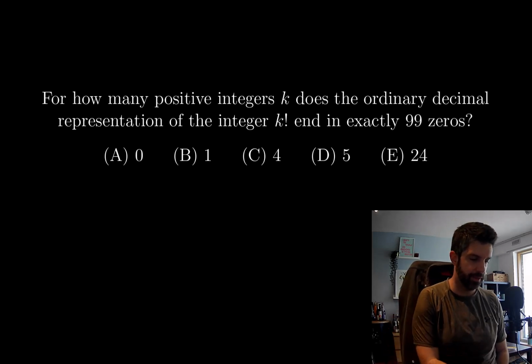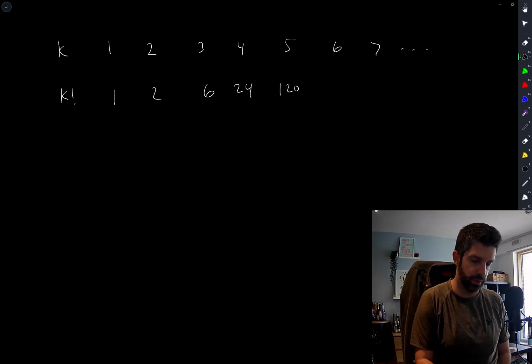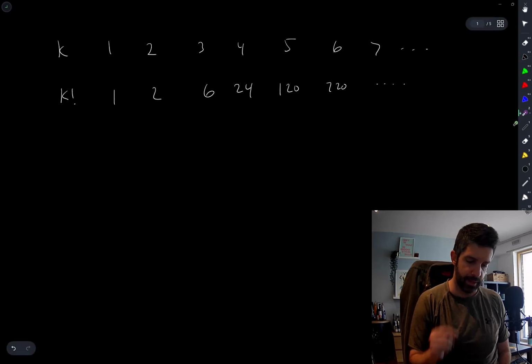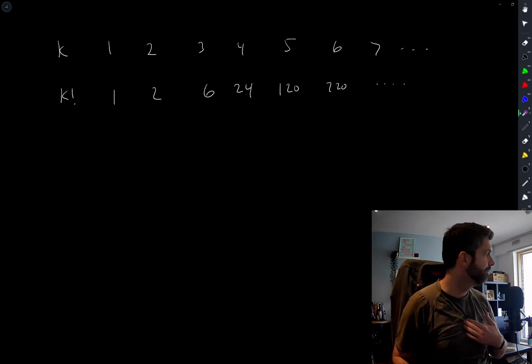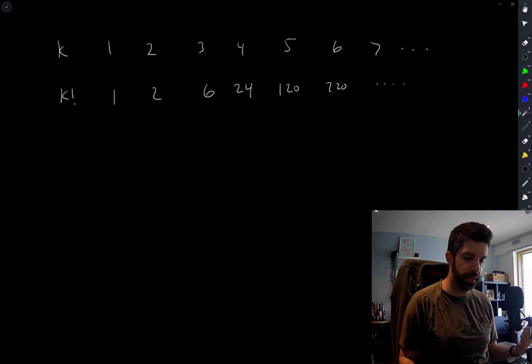If I write down k, 1, 2, 3, 4, 5, 6, 7, and so on, and here k factorial, 1, 2, 6, 24, 120, 720, and so on. I'm looking at the prime factorization of these numbers and counting pairs of 2s and 5s.